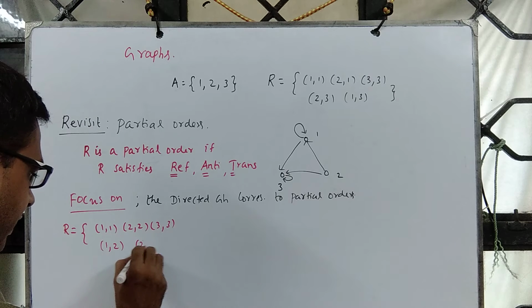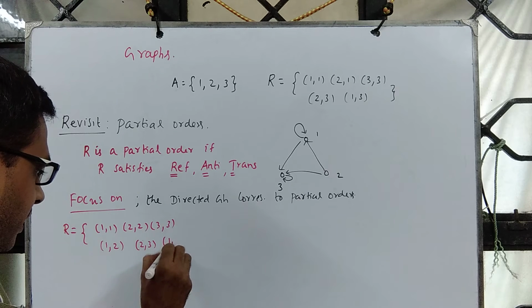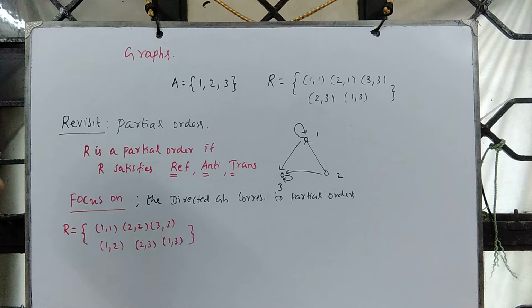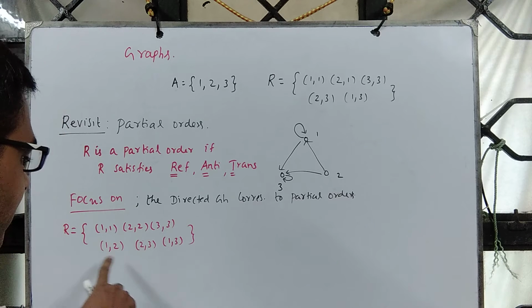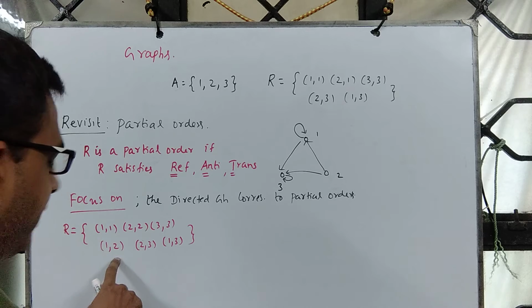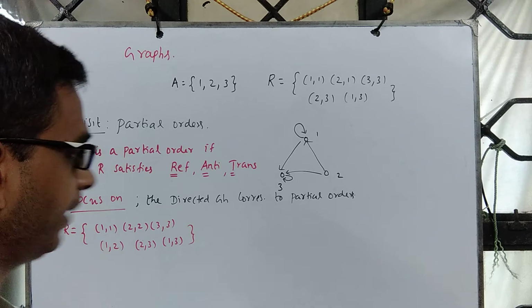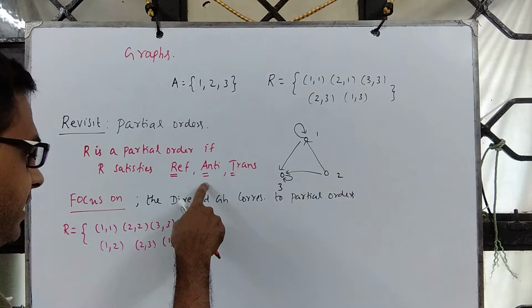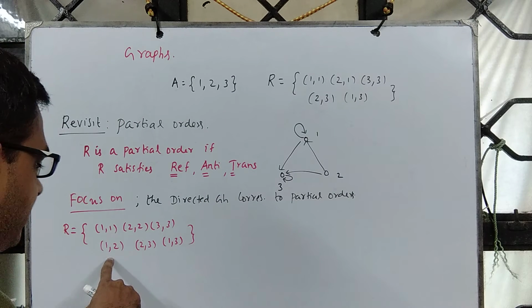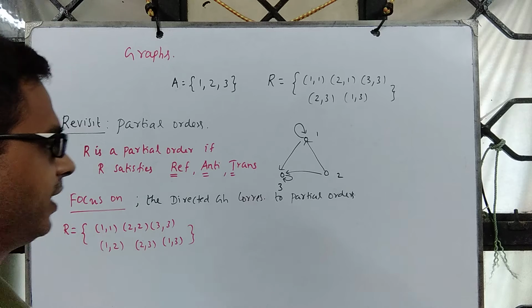Say let me take (2,3) and (1,3). So this relation is reflexive and antisymmetric because if you find (a,b) and (b,a), then a equals b. That's what antisymmetric says. And transitive says (a,b), (b,c) gives (a,c).